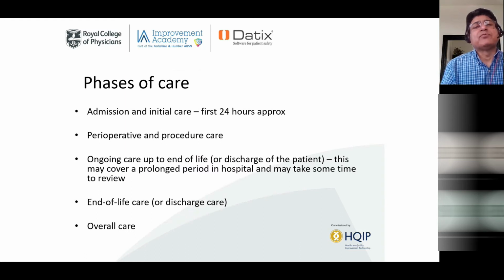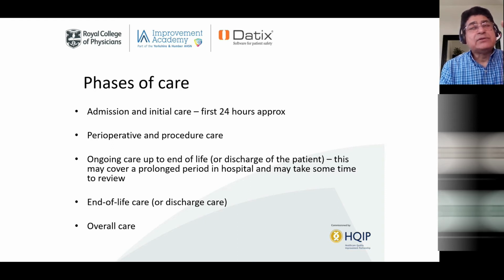Now coming to the phases of care. This is the structure. They have divided the care of admission into hospital into five different phases. Phase one is the first 24 hours, and the second is perioperative. Anything happening during the operation, if the patient has undergone any procedure, for example a bigger one like an abdominal operation, or a smaller one like chest drains or an abdominal drain, all comes under perioperative care.